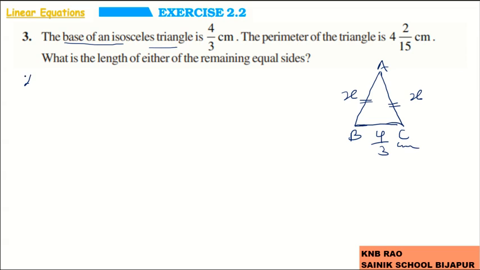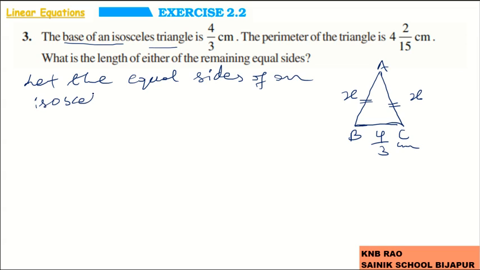So, we will start by assuming, let the measure of equal sides of an isosceles triangle be x.